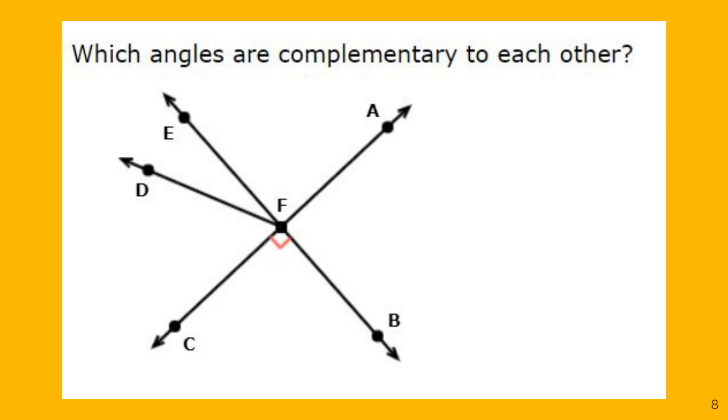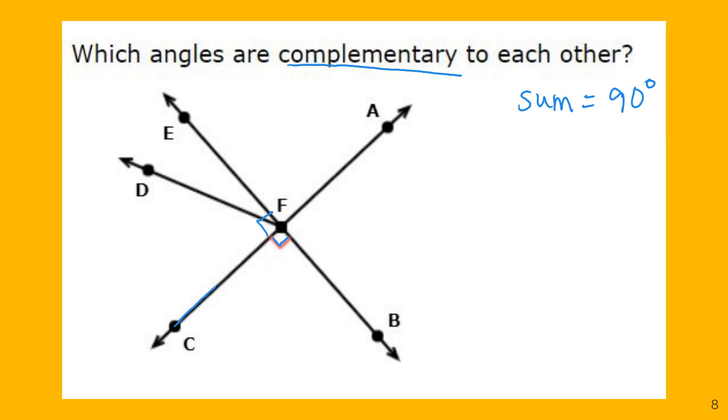Okay, so this question says, which angles are complementary to one another? So remember that complementary means that the sum needs to equal 90 degrees. So I can see that these are perpendicular lines. I have a 90 degrees here, and I have a straight line, so the other half would need to be 90 degrees also. So this would also be a right angle. So angles that are complementary need to add up to 90 degrees.